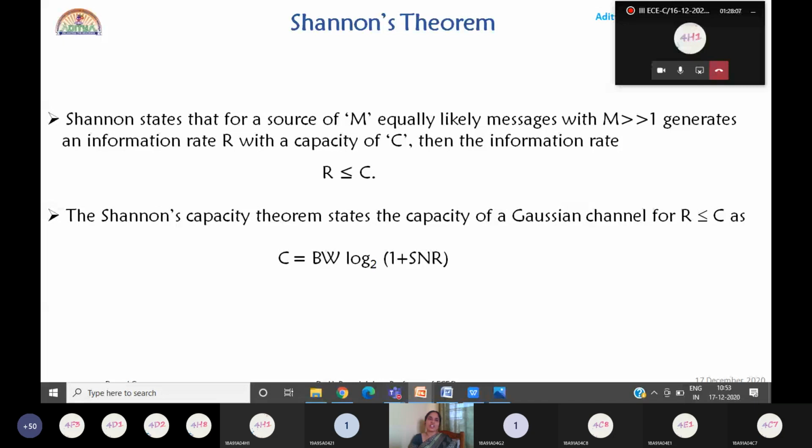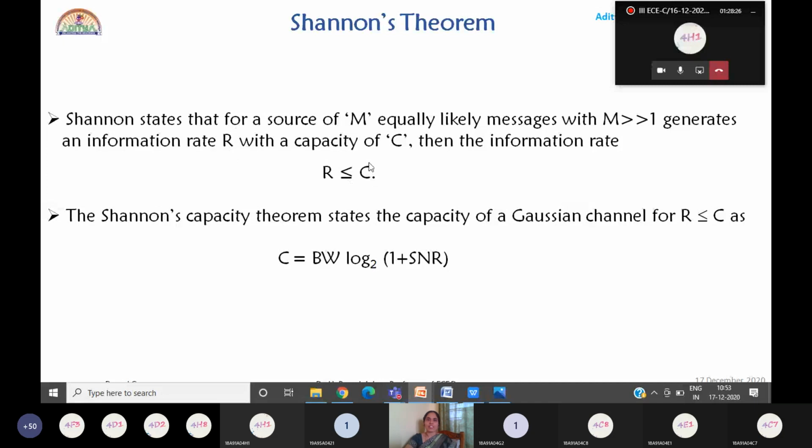Okay, what is information rate? The units are bits per second. So the number of bits transmitted per second should be always less than or equal to the maximum capability of the channel.